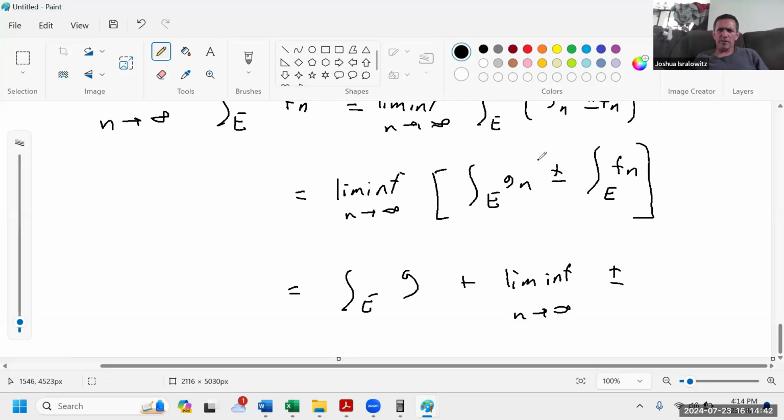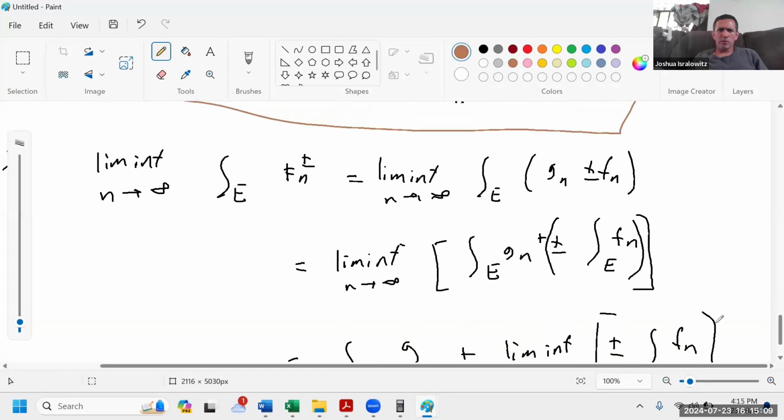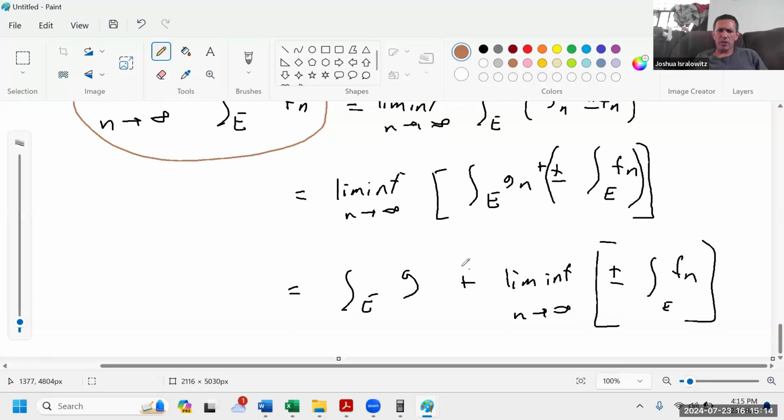So we can kind of think of this as the integral of gn plus this here. So that's why I'm doing it like this. All right, so I'll put this in brown also, I suppose. Particularly, this is equal to the following.